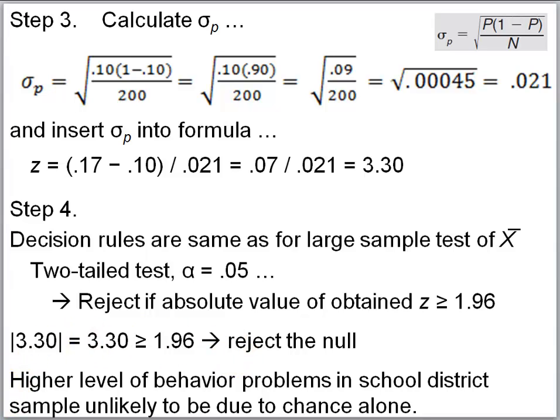We conclude that the higher level of behavior problems in your school district sample is unlikely to be due to chance alone, and therefore presumably in the full population of children in your school district, it is unlikely that the null is true. It's unlikely that the proportion with serious behavior problems is 0.10.